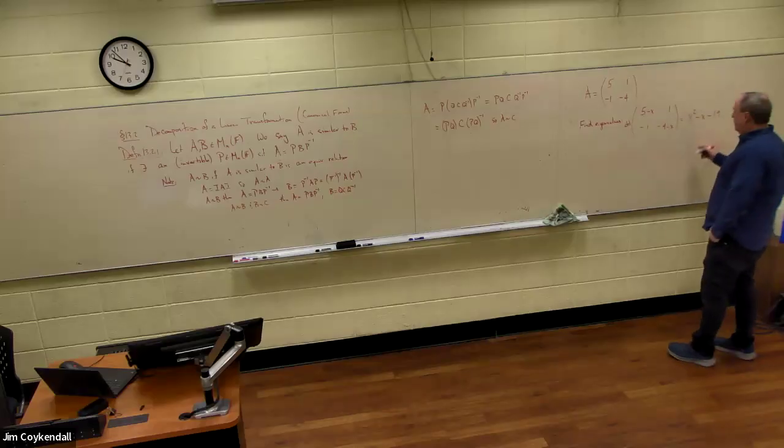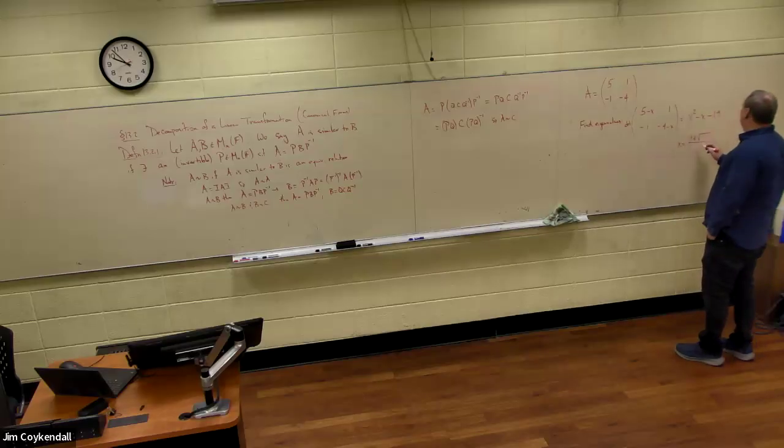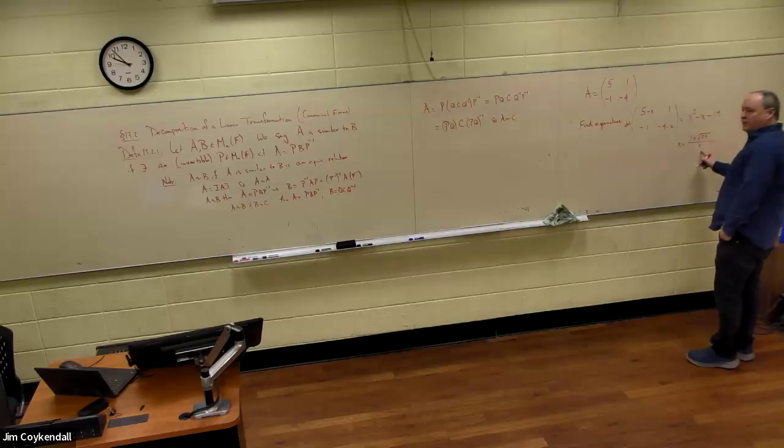Now, for the eigenvalues, if this equals 0, and I know it looks like this sucks, x equals 1 plus or minus the square root of 1 plus 76, over 2. So everybody agreed that I get 2 eigenvalues, right?